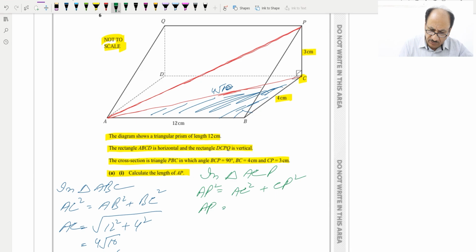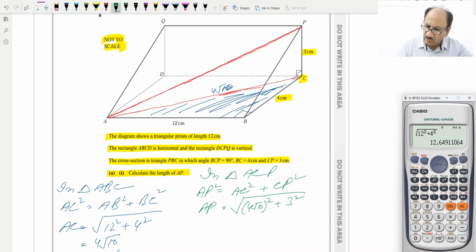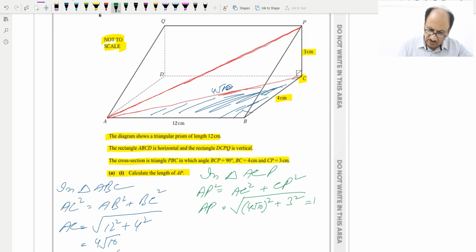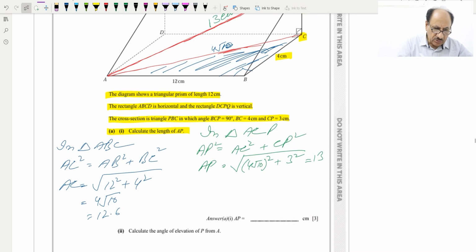So AP will be equal to square root of AC, which is 4 under root 10, squared, plus CP, which is 3 square, and we can write the answer over here, which will be under root of answer square plus 3 square, and this will give us 13. So we got this as 13 centimeters, which was the required answer. The answer asked is 13 centimeters, and this was for 3 marks.